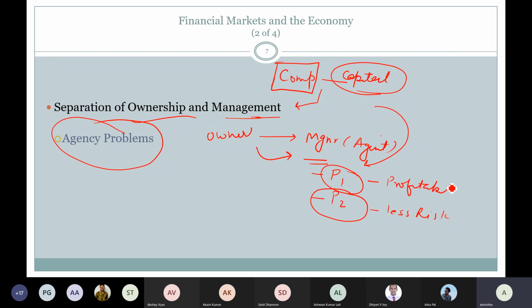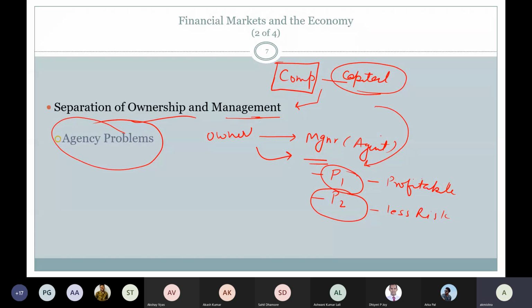If this project is more profitable and he wants to take this, it means there is a divergence in the opinion between the manager and the owner. So this divergence in the opinion between owner and manager, we call it agency problem. And if you look at the recent Cyrus Mistry case in Tata Group, that is a classic example of agency problem.